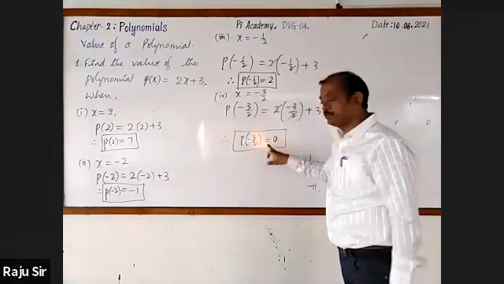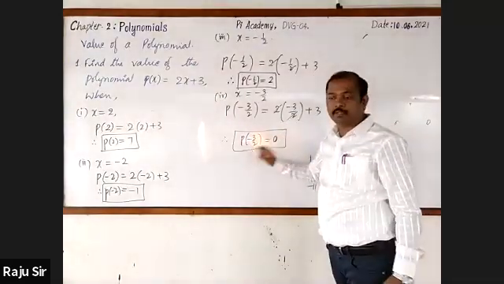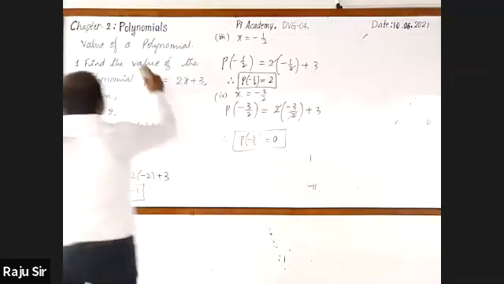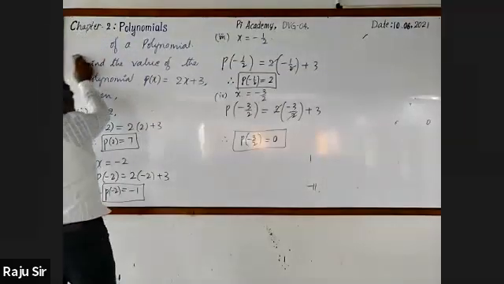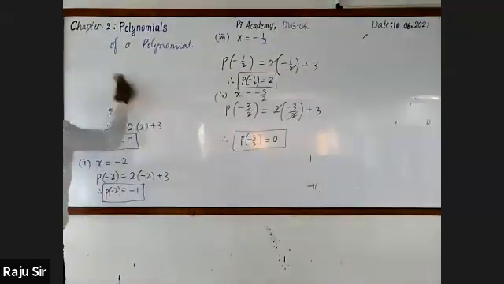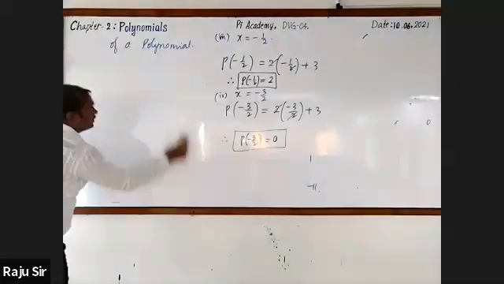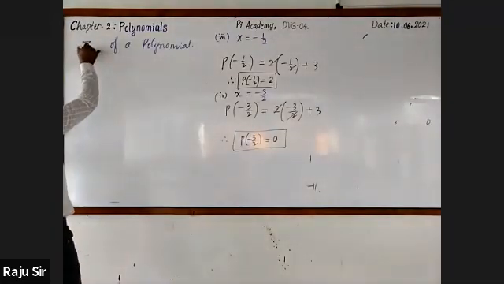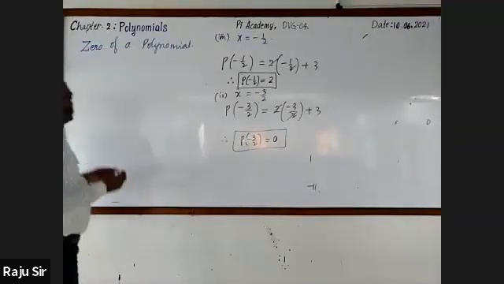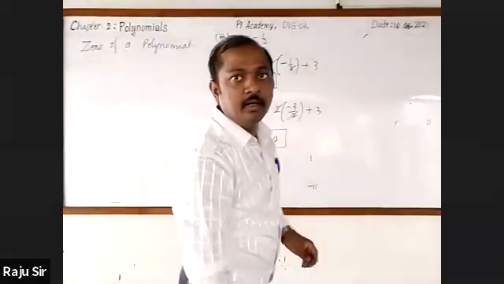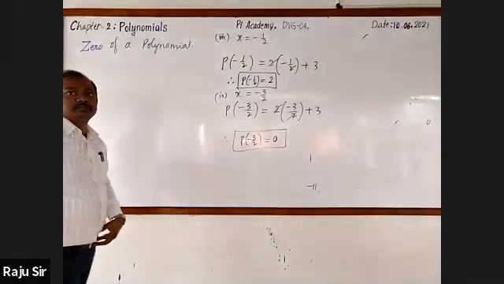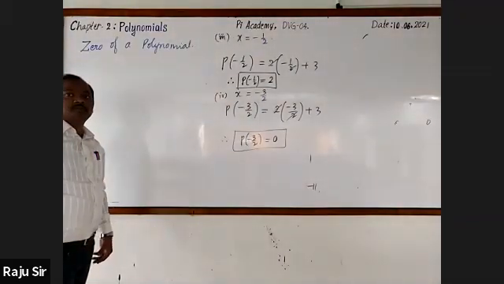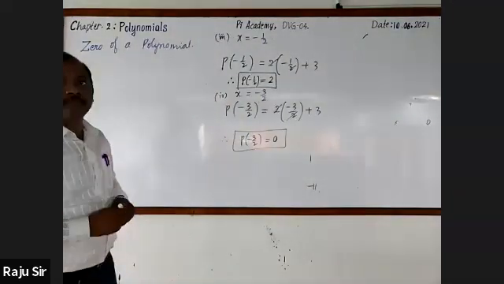Now we are moving to zero of the polynomial. Say ready. Zero of a polynomial.